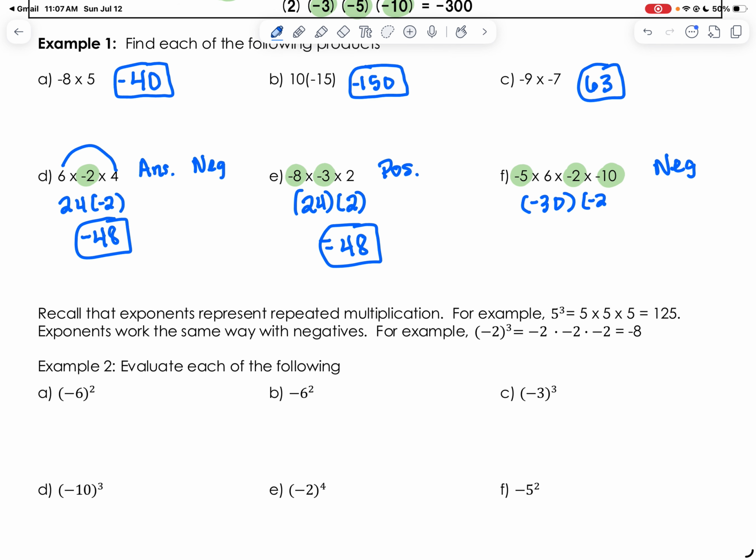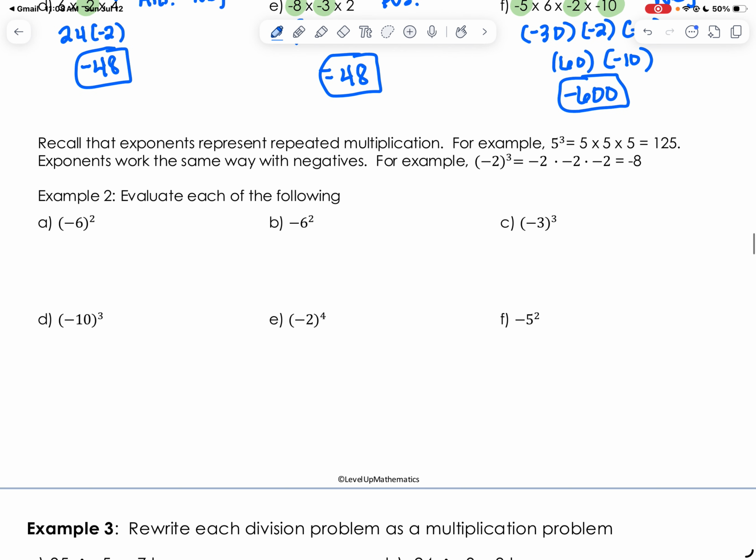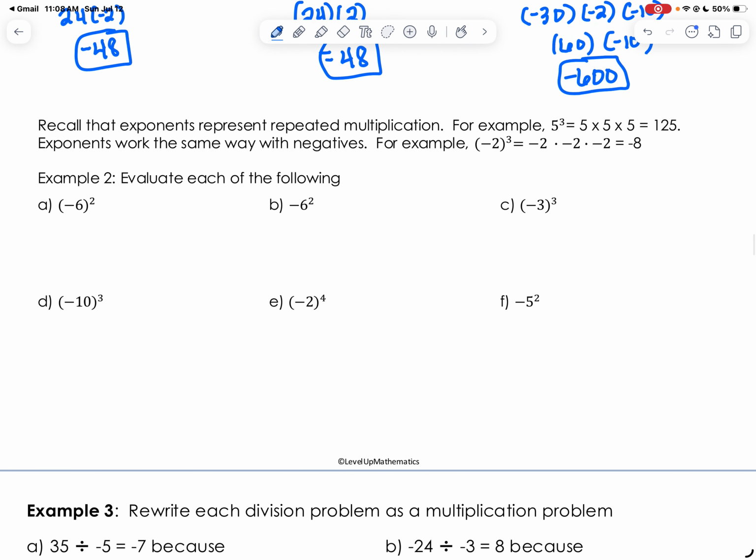And then we have times -2 times -10. Then I'll multiply the -30 times -2, and that would be positive 60 times -10. And then 60 times 10 is 600. And because the signs are different, I know my answer is -600.